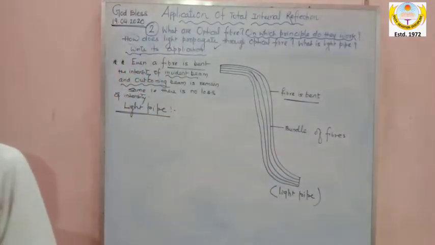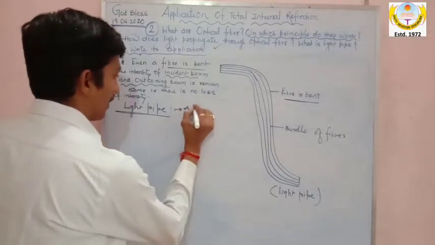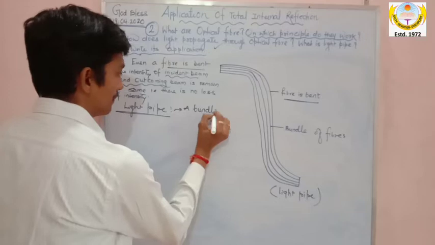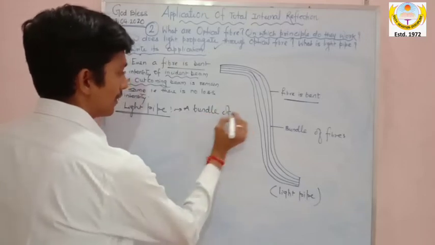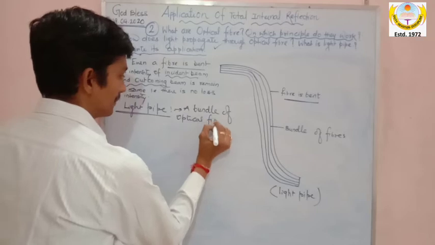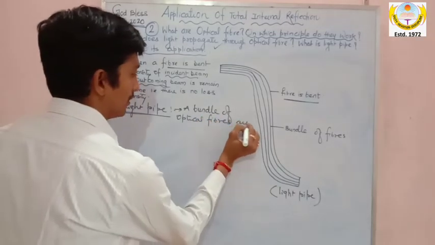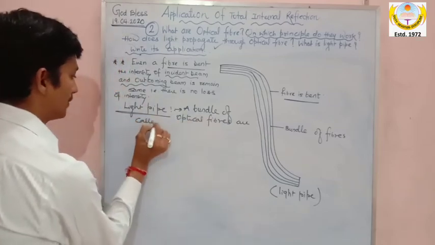When I take a bundle of optical fibers, a group of fibers, my dear, then it is called a light pipe. So what is a light pipe? A bundle of optical fibers is called a light pipe.